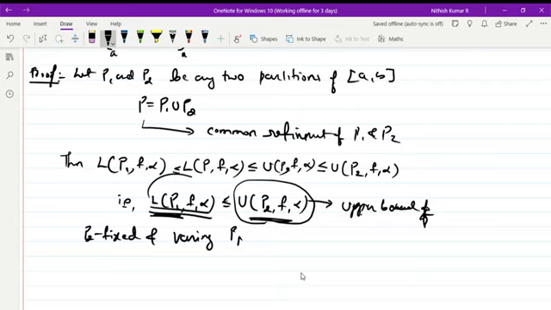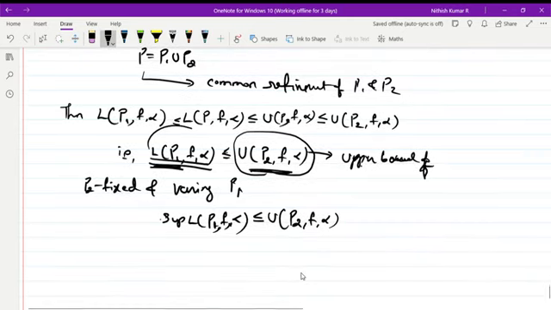Therefore, if I take the supremum of this L(P1, f, alpha), then since supremum is the least upper bound, this is less than or equal to U(P2, f, alpha). Supremum of L(P1, f, alpha) is less than or equal to U(P2, f, alpha).